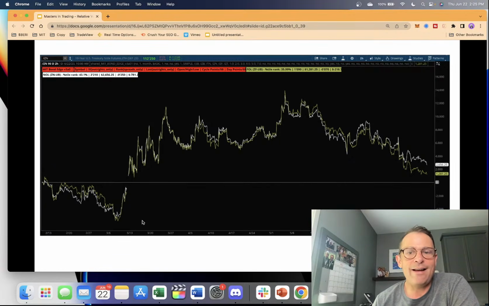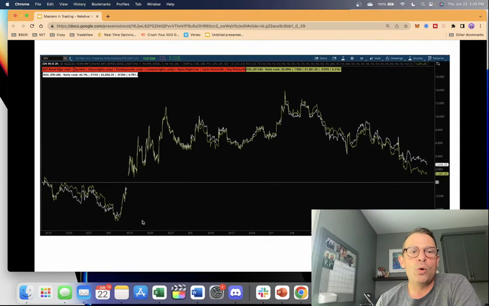The reason I can tell is those two lines are married. They're buddy-buddy. They're married. Where are they going? Every single time they separate, they come back together, right? Every time. And if you go further back, it would be the same exact thing. The reason that's happening is because these two charts are really the same thing.